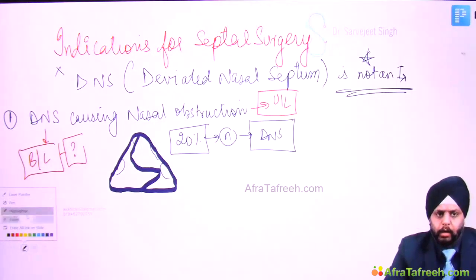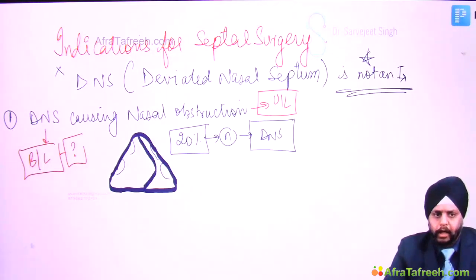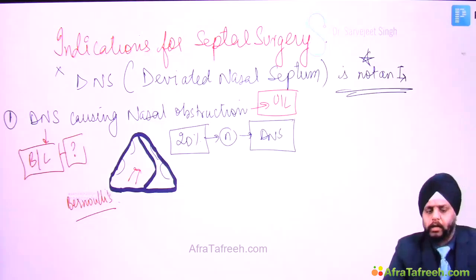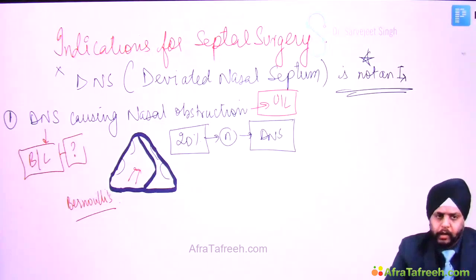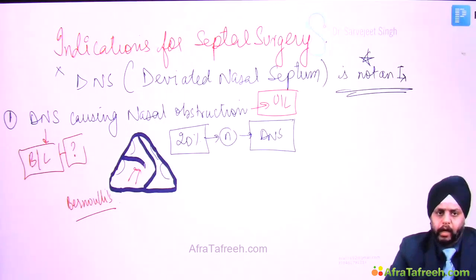The second way is that because of the deviation to one side, the airflow on the other side increases. Because of the increase in airflow, we have Bernoulli's phenomenon. Bernoulli's phenomenon means that the negative pressure increases, and that leads to growth in the size of the inferior turbinate.